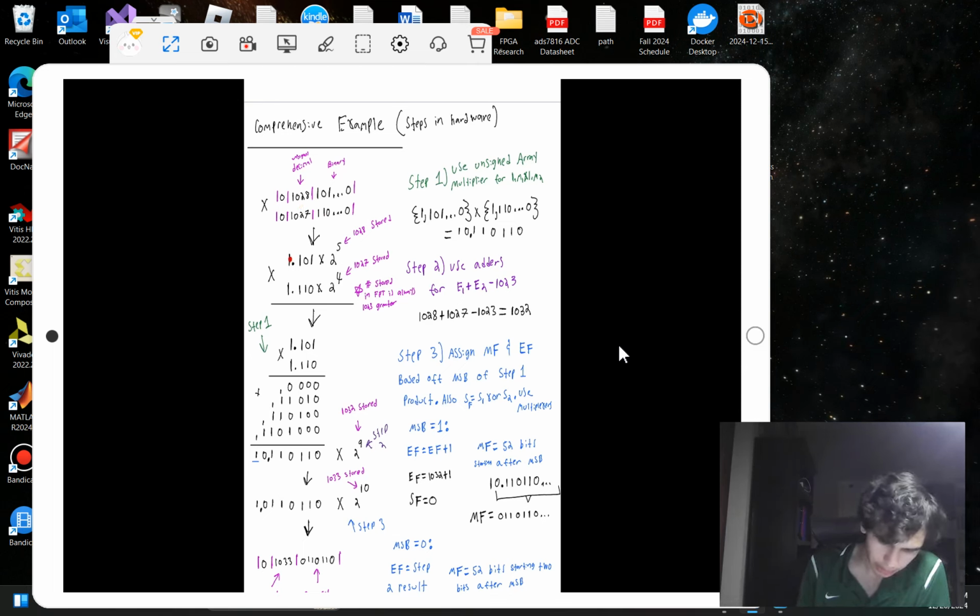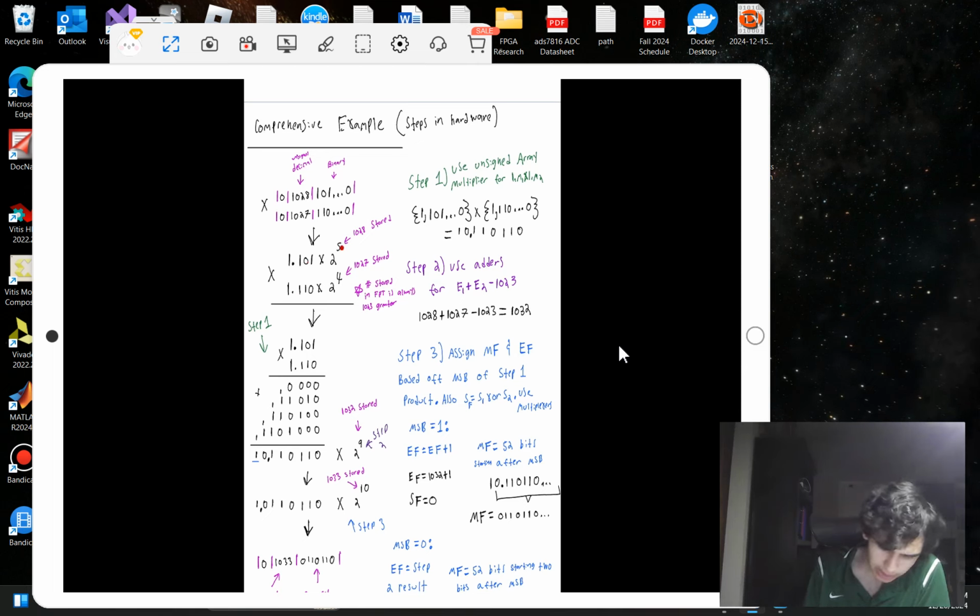So when we want to have this number be inputted, we represent it like this, because this will always be 1023 less than this. So to do step 1, we just take a 53-bit array adder unsigned to multiply these 2 values, and we get this.